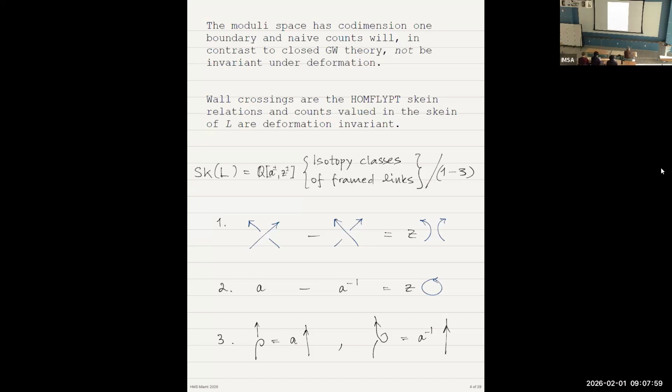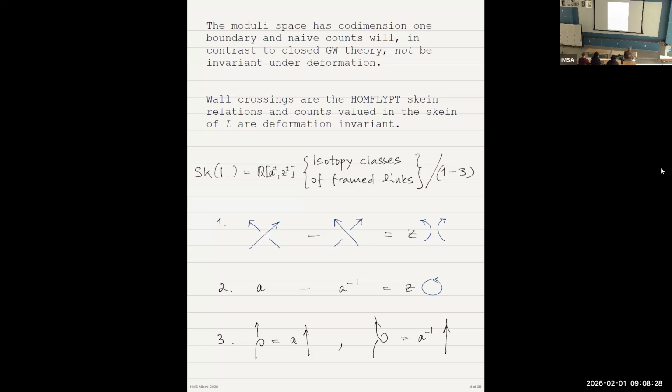The second skein relation is written in a little bit odd way, maybe if you're a knot theorist. Typically it's viewed as the normalization of the value of the unknot. So the unknot here, this little circle, is a circle inside the coordinate 3-ball, which lives in a plane. And we're saying that its value is equal to A minus A inverse.